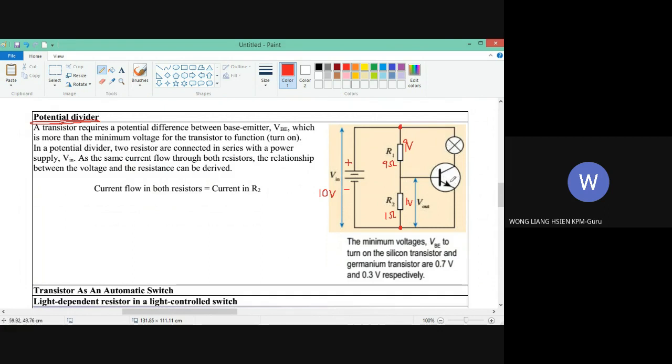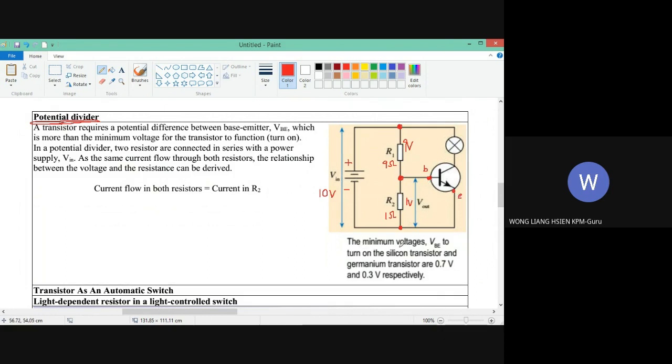You see, this transistor is connected in this way. So the potential difference between this point and this point is 9 volt. That means this bulb gets 9 volt. Between this point and this point, between the base and emitter, the potential difference is 1 volt.